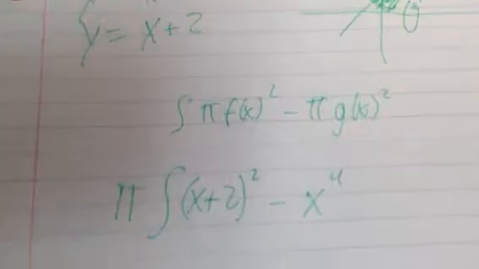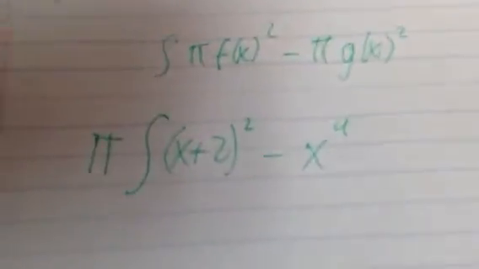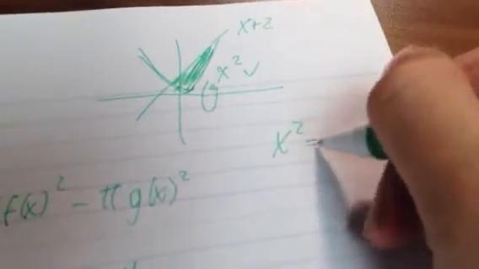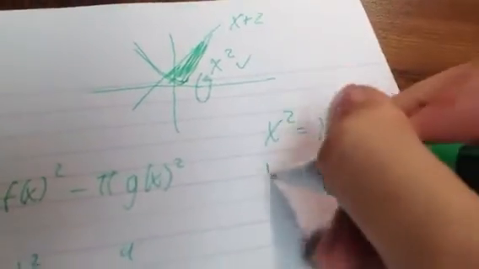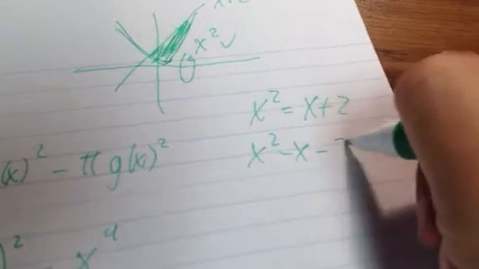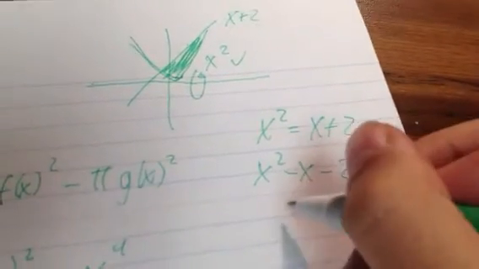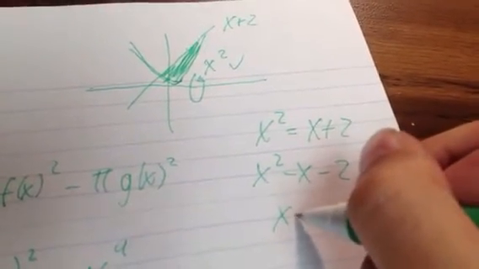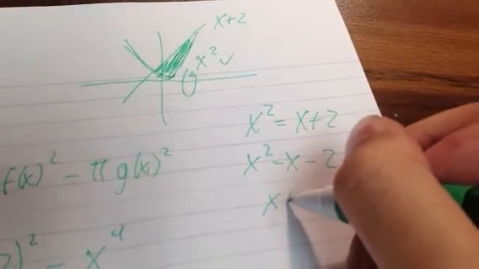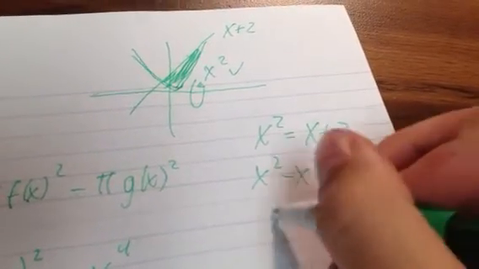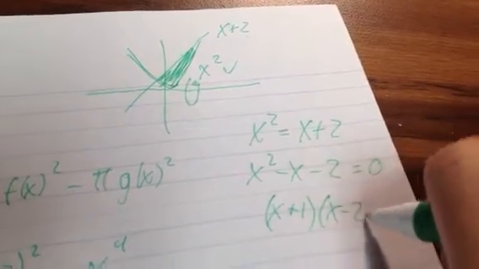Alright. In order to know what the limits are, the intervals at which they intersect, this and this, we're going to equal them. So x squared equals x plus 2, x squared minus x minus 2 equals 0, and then x plus 1 times x minus 2 is going to equal 0.